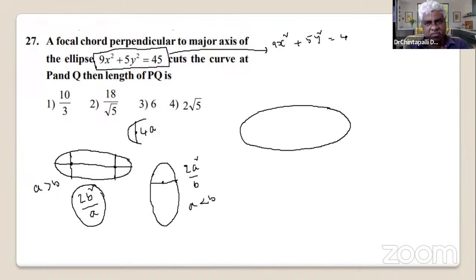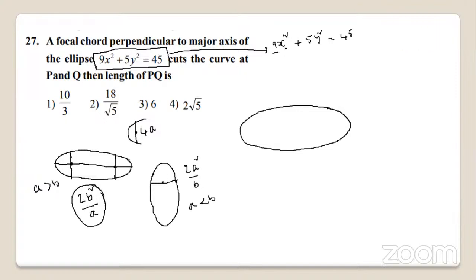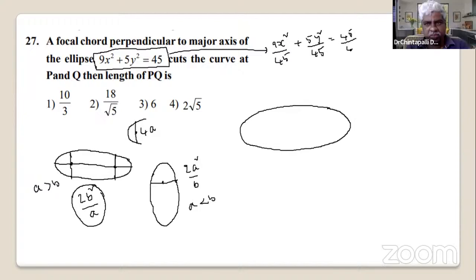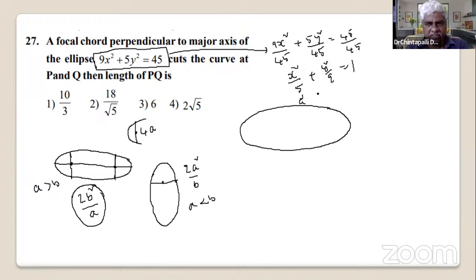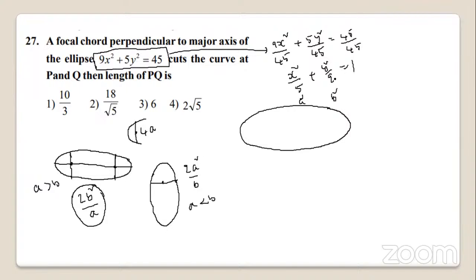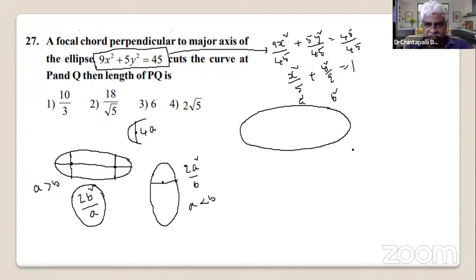Dividing both sides by 45, x square by 5 plus y square by 9 equals 1. Here 5 is a square and 9 is b square. Which case? Second case, a less than b. So it belongs to the second case.